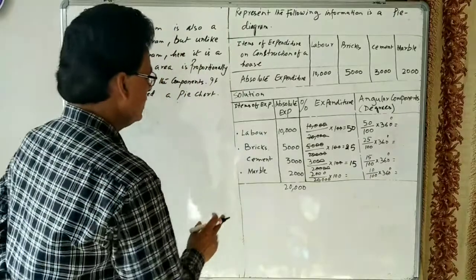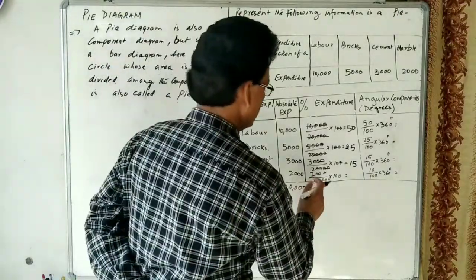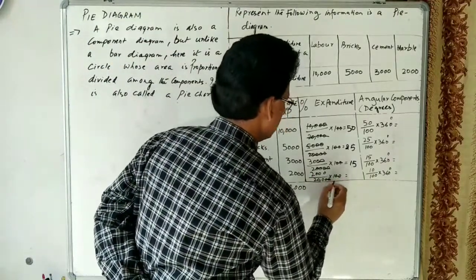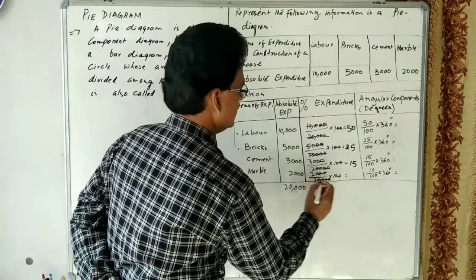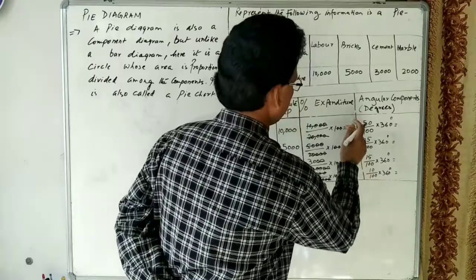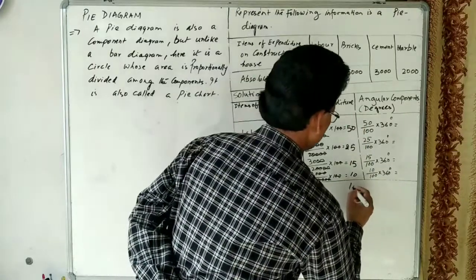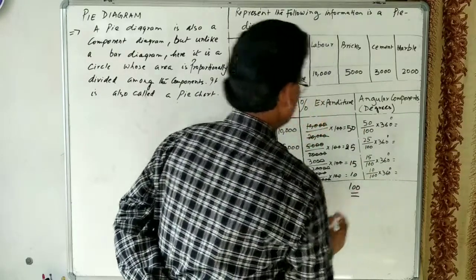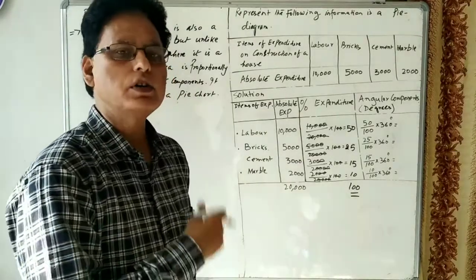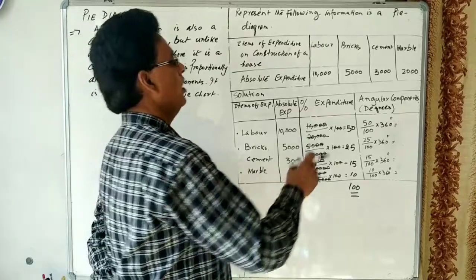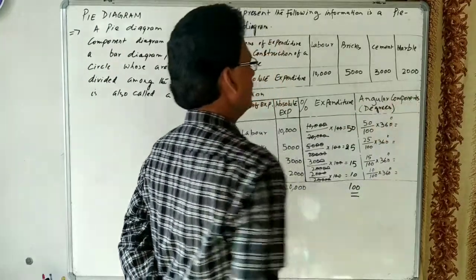Marble cost, the 20 cancels, 20 divided by 2 is 10. If you add, the total will be 100. So this is 100%. This 100 will be converted into degrees, or angular components.